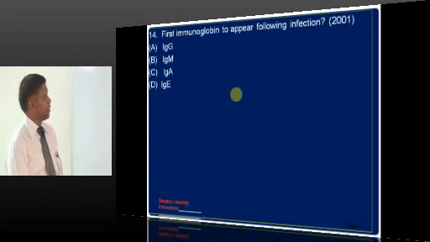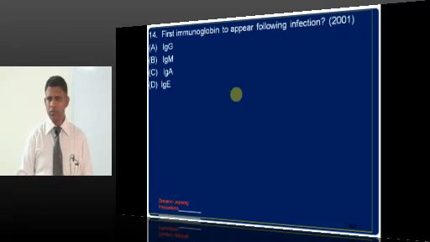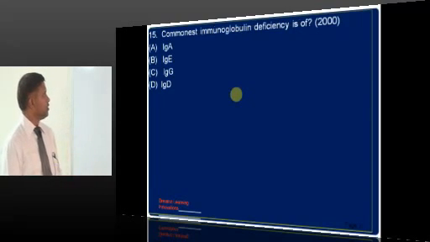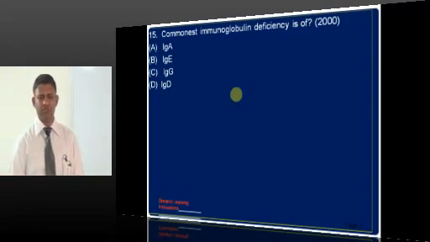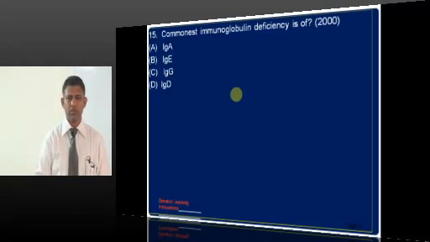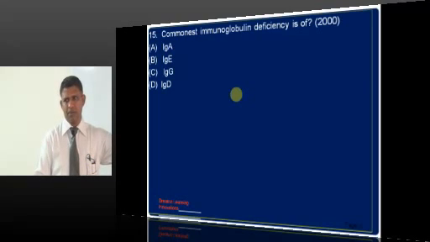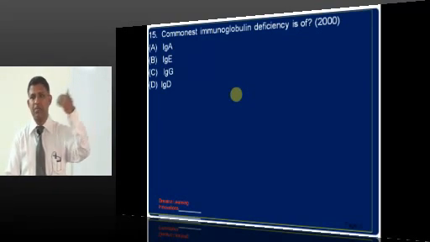First immunoglobulin to appear following infection, no doubt, is IgM again. First immunoglobulin to appear anywhere, first infection. Commonest immunoglobulin deficiency is, you should be well versed with immunodeficiency disorders, a topic in Ananthanarayan's microbiology. Primary immunodeficiency, secondary immunodeficiencies and all.